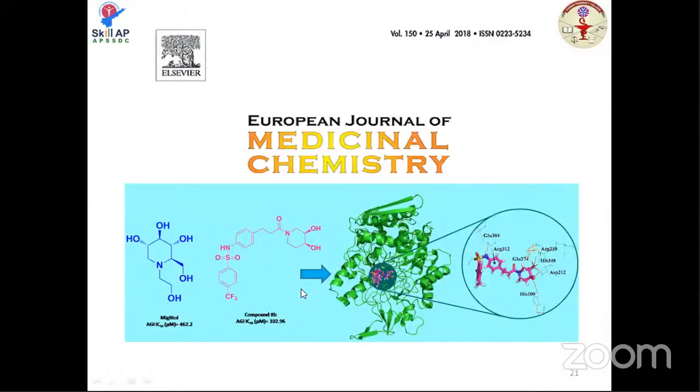We published this work in ECMC, and during that time this picture came as the cover picture for the particular volume. The IC50 value of the designed and synthesized molecule is 102 micromolar, whereas miglitol, a well-established drug, has an IC50 value of 462 micromolar.